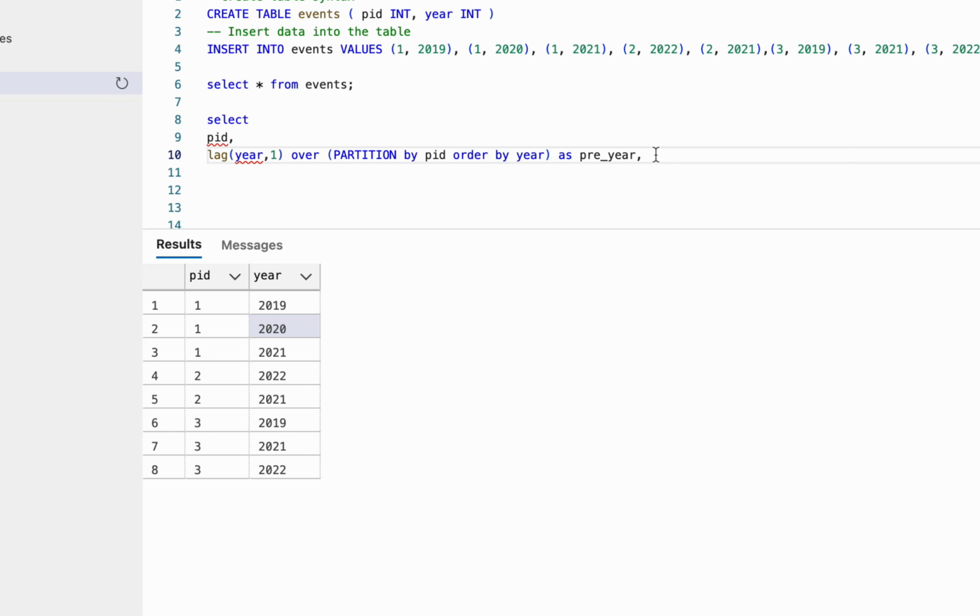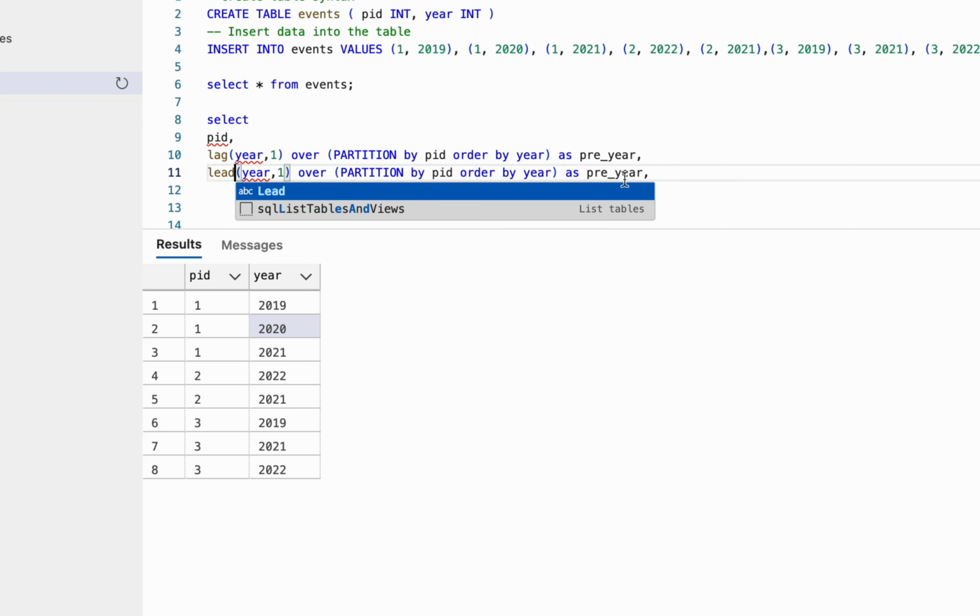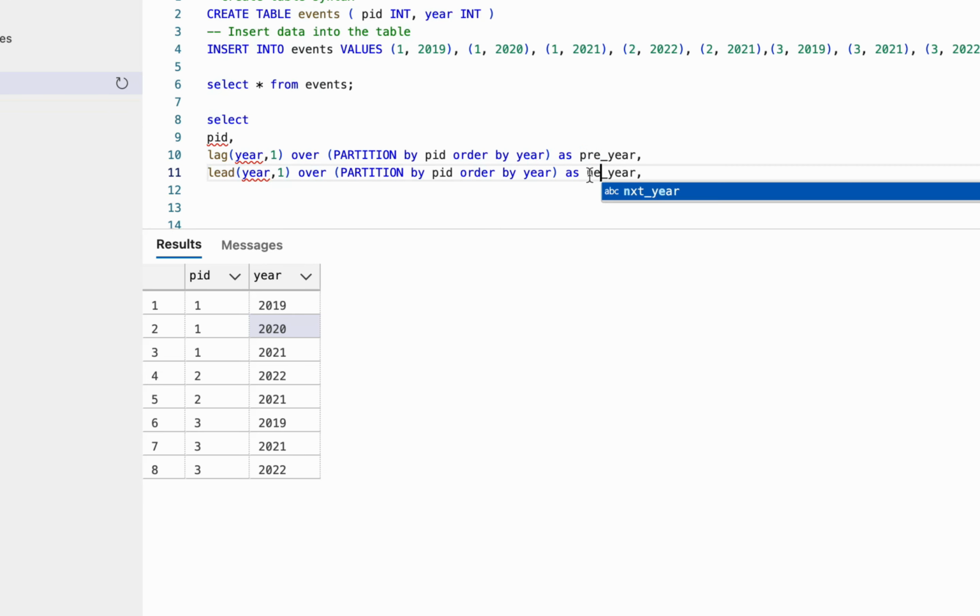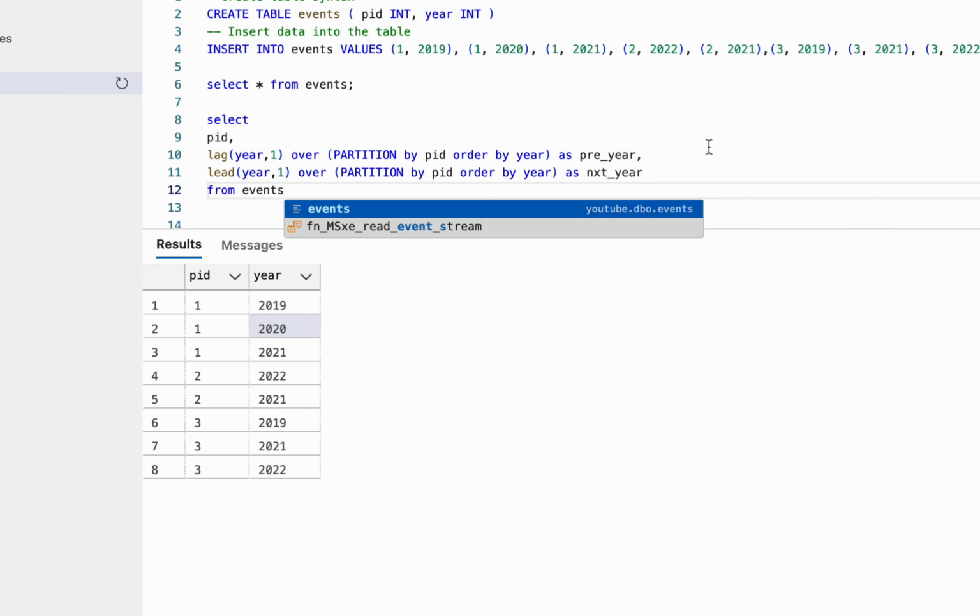Similarly, we can create one more column by using the lead function for the next year, and we want this from events.